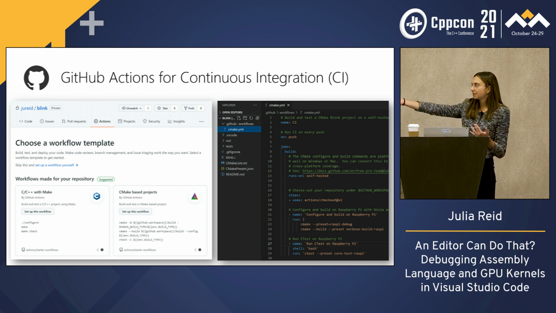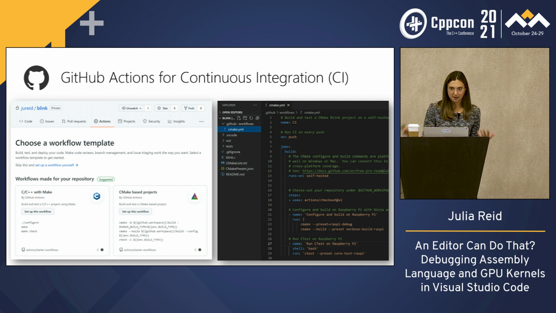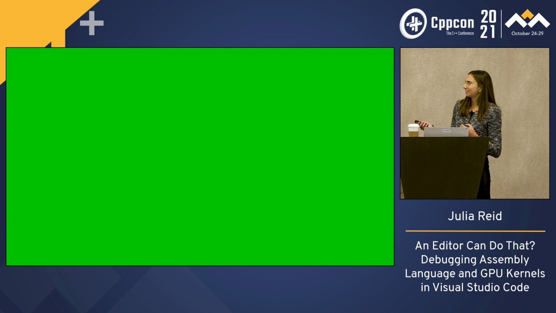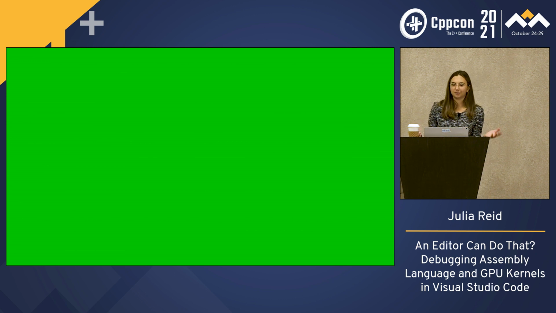So I picked the CMake-based project because I am using CMake to build my code. And then I edited the CMake YAML file to use CMake presets, which we'll get to in further detail later on. But you can actually do more with GitHub Actions than build your code and run unit tests.